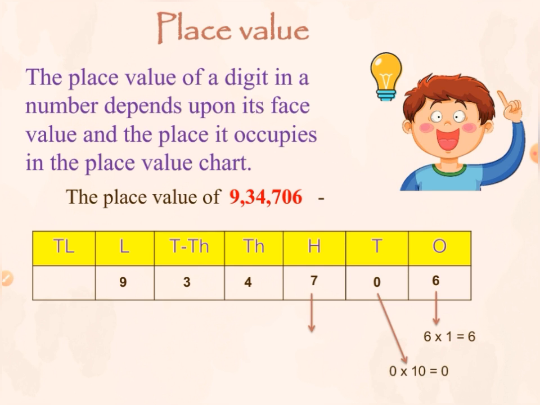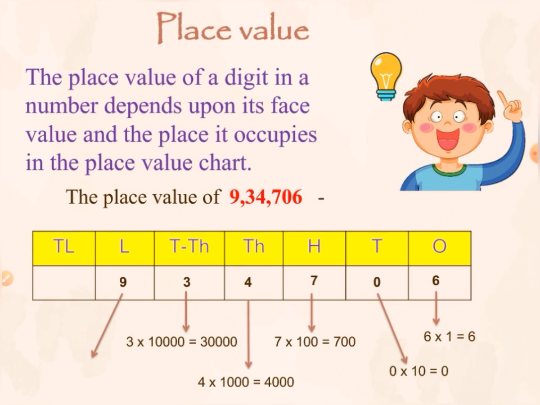Place value of 7 will be 7 multiplied by 100, that is 700 or 7 hundreds. The place value of 4 will be 4 multiplied by 1000, that is equal to 4000 or 4 thousands. The place value of 3 will be 3 multiplied by 10,000, that is 30,000 or 3 ten thousands. The place value of 9 will be 9 multiplied by 1 lakh, that is 9 lakh or 9 lakhs.